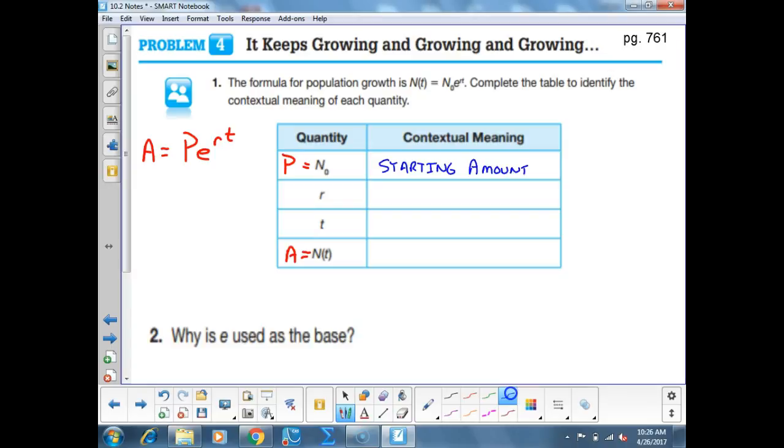However many things you have. If it's population, it's how many people you have. If it's a radioactive decay problem, it's how many grams or pounds or milligrams or however much amount you have of your substance. Pieces of paper, and so on and so forth. R is going to be your rate of change.